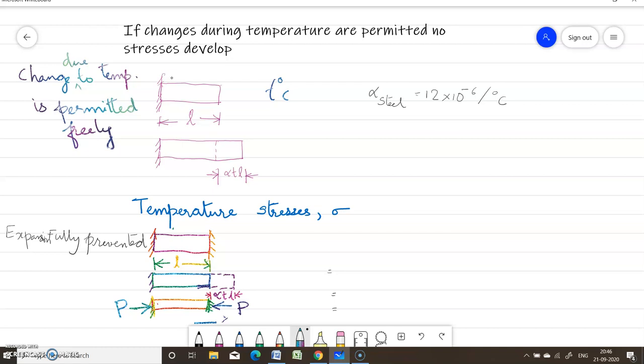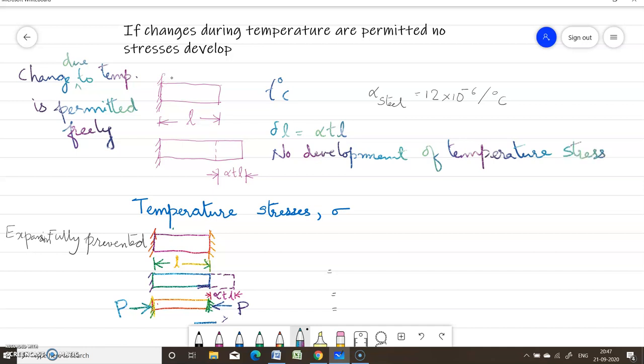Since it is not prevented in expansion, we can write that the total change in length delta L is equal to alpha into T into L. It is not prevented from increasing the length, so it increases the length, and there is no development of temperature stress. So if we are allowing it to expand freely, there will be no stress developed in the member due to the increase in temperature.